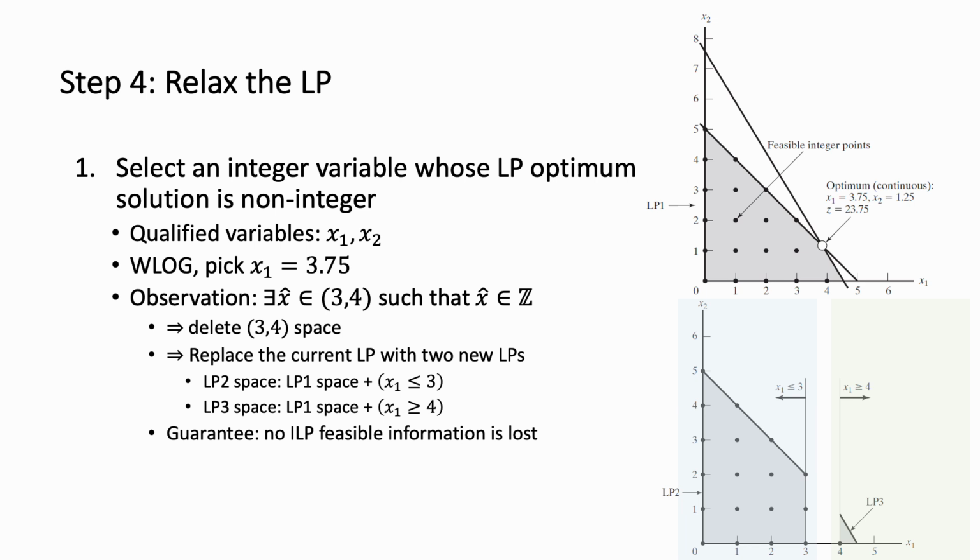So we were able to do this because having no integer values between 3 and 4 gives us a guarantee that no ILP feasible information is lost. Again, what did we say?